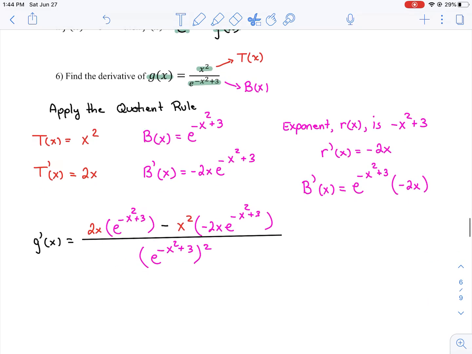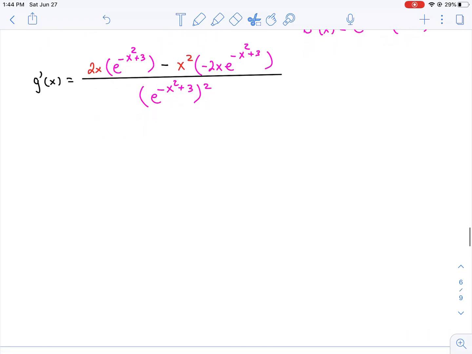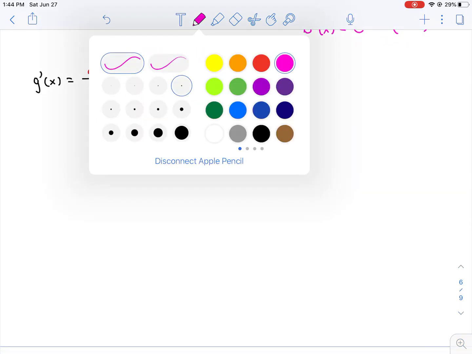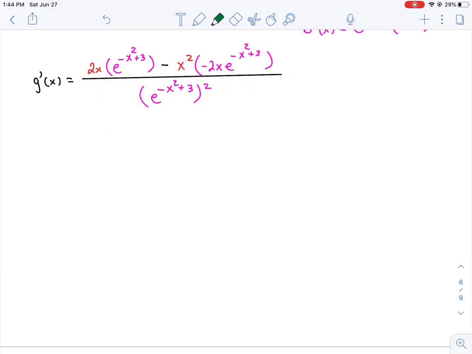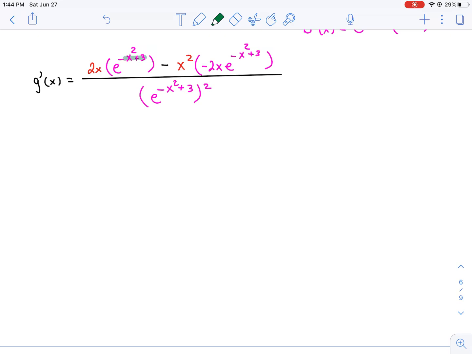Now, you may notice in this derivative that all three of the terms have an e raised to the negative x squared plus 3 factor.